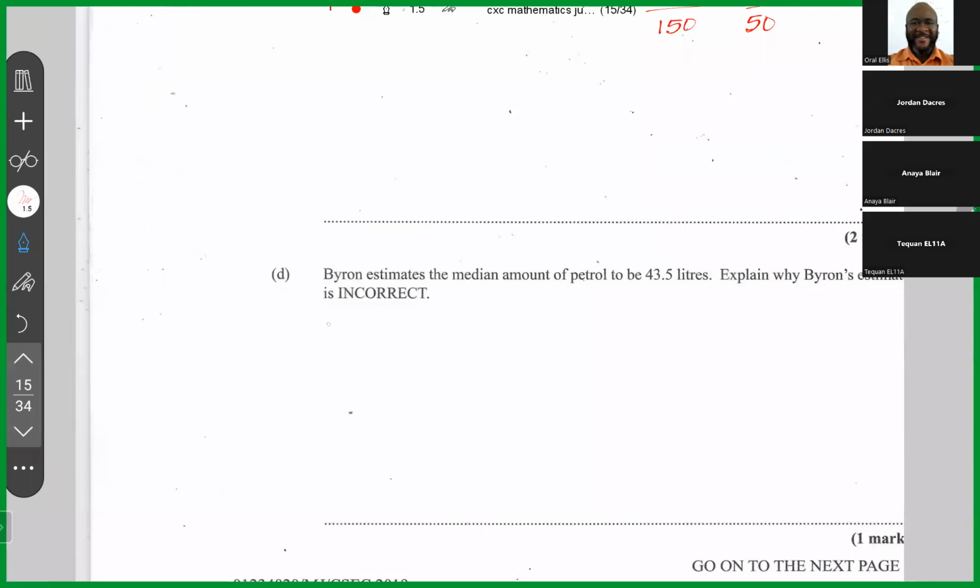All right, so the median is the amount of petrol needed by vehicle number 75, or by the 75th vehicle, which is 31 to 40 liters.